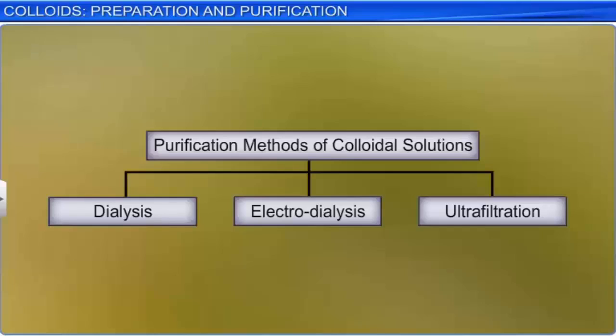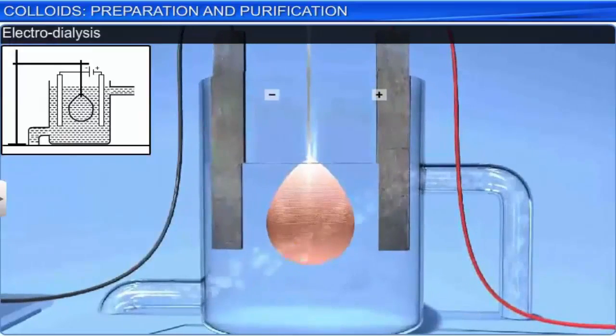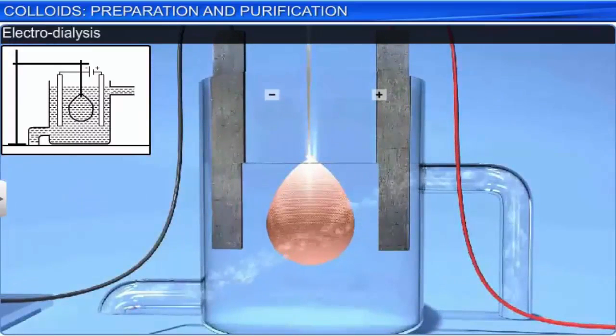A modified form of dialysis is known as electrodialysis. The ordinary dialysis process is a slow process. To hasten the process of purification, dialysis is carried out by applying an electric field.